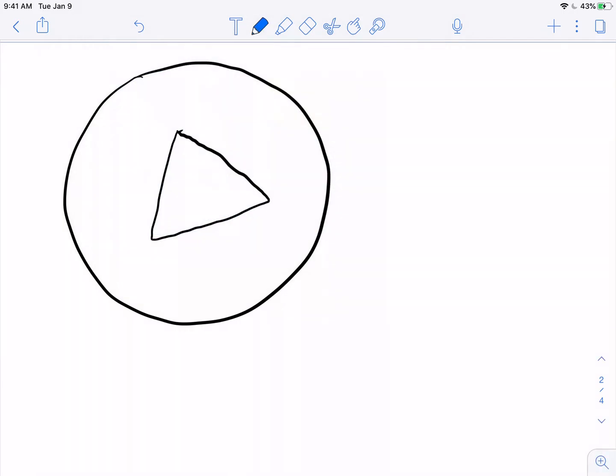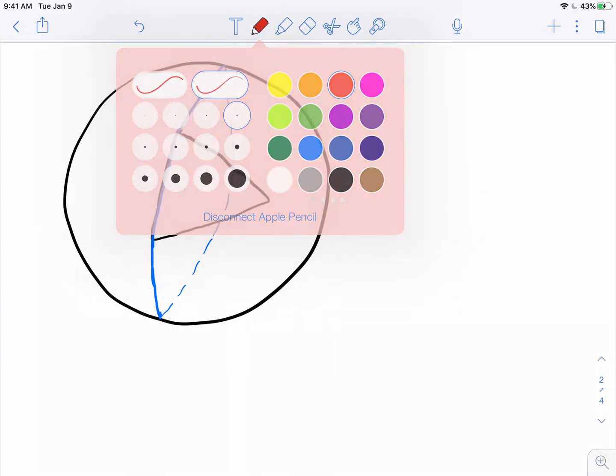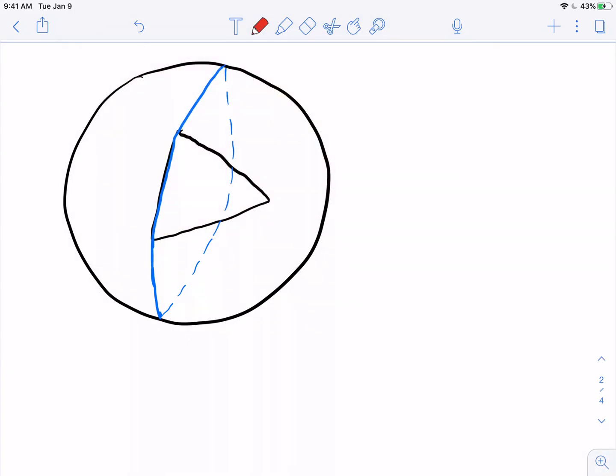Well, I'll use some colors. Hopefully this will make things more clear, not less. I'm going to extend these geodesic segments to the entire great circle. And anytime I have great circles intersecting, I get lunes.